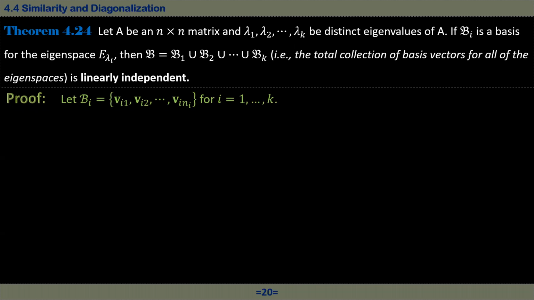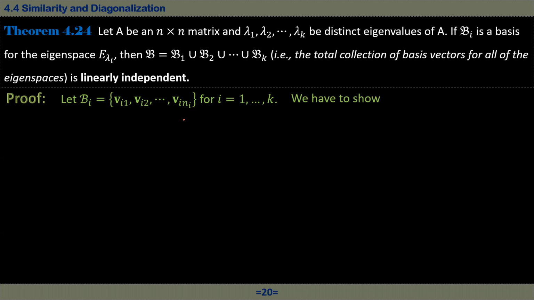Let B_i contain the vectors b_i1, b_i2, dot dot dot, b_i n_i. I'm using n_i here because I don't know how many different bases we have. That's why subscript notation is much better; otherwise we would need to use a lot of letters.